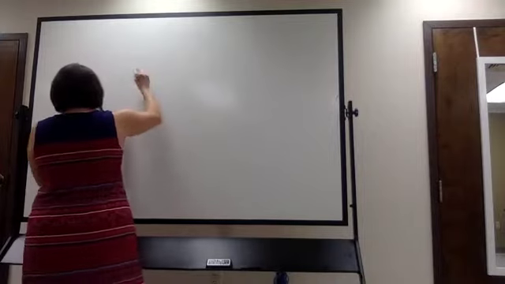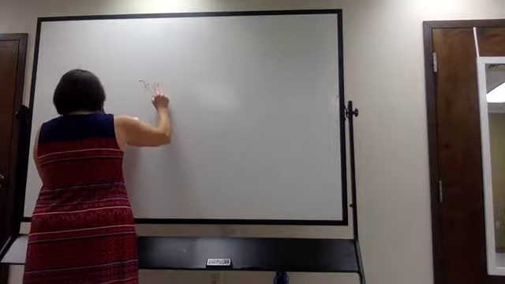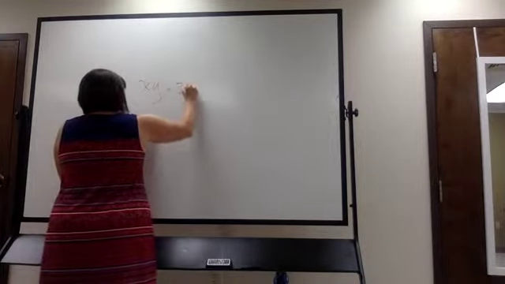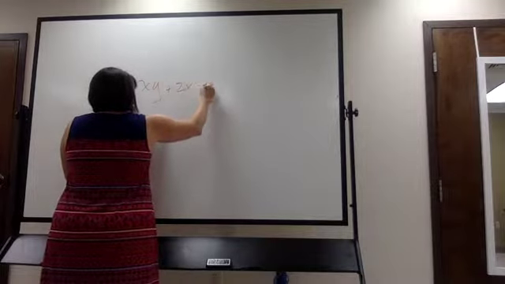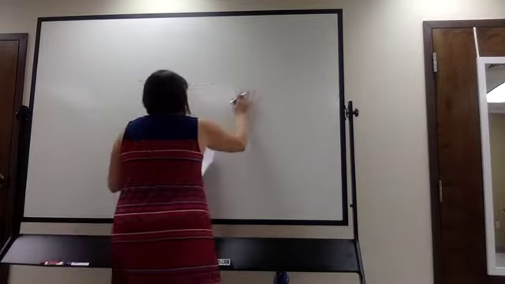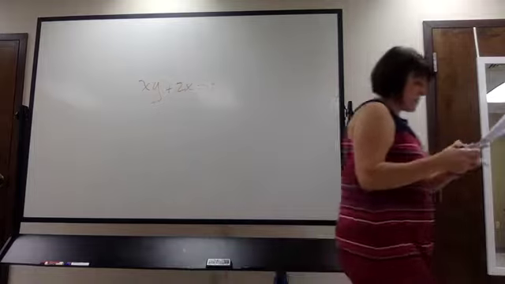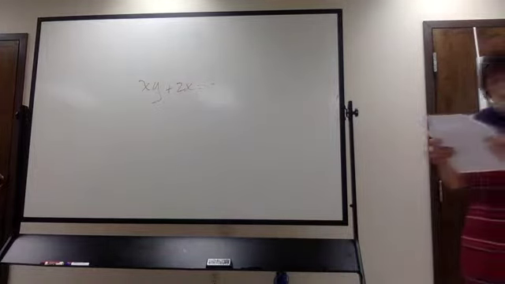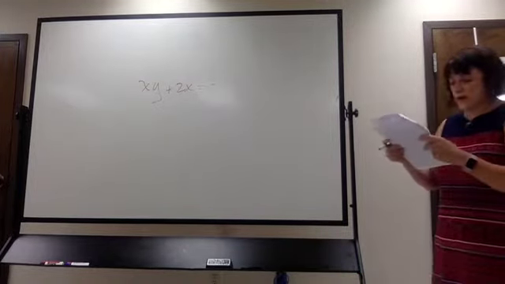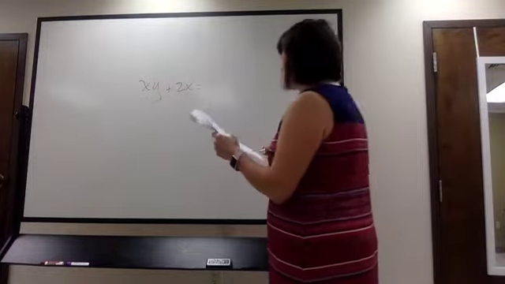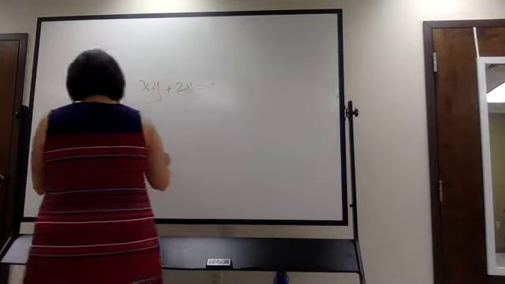All right, so let's just do this one real quick. xy plus 2x equals 8. All right, so now what? We're solving for y. So what do I do? You divide by x.